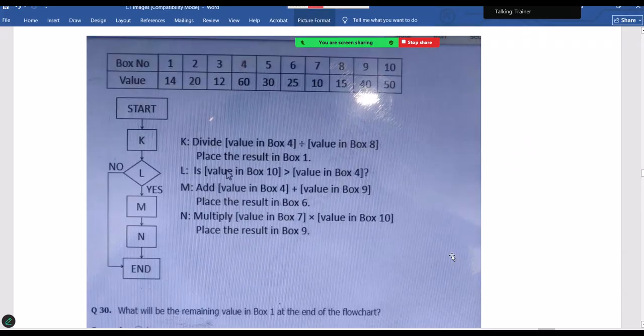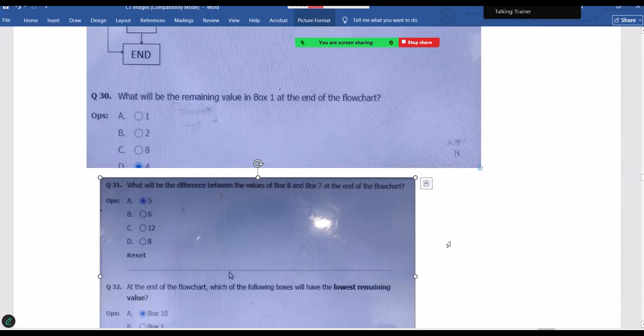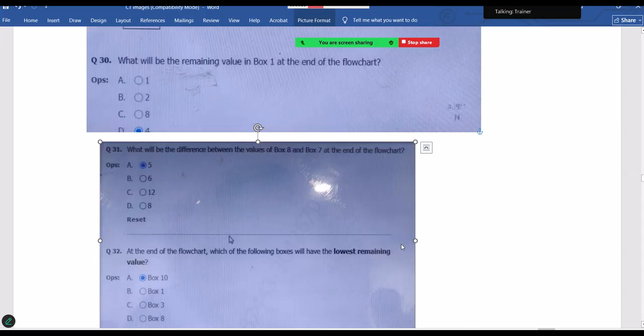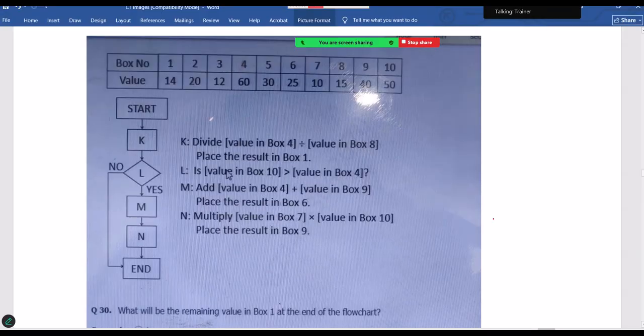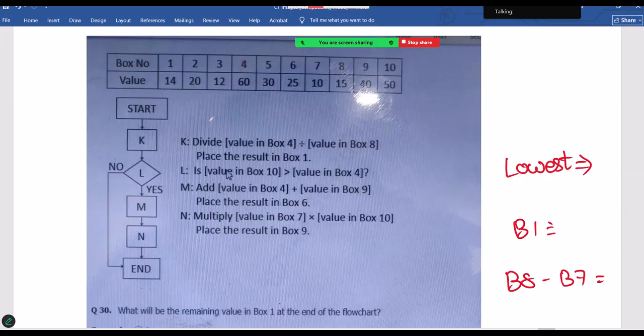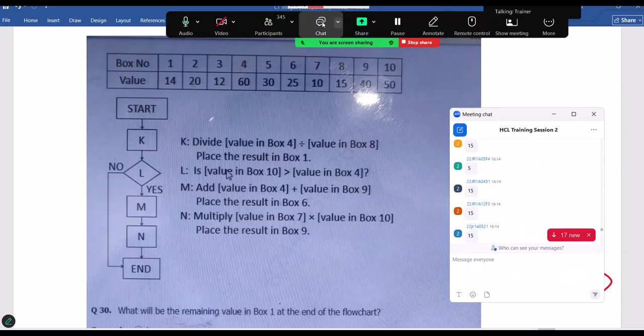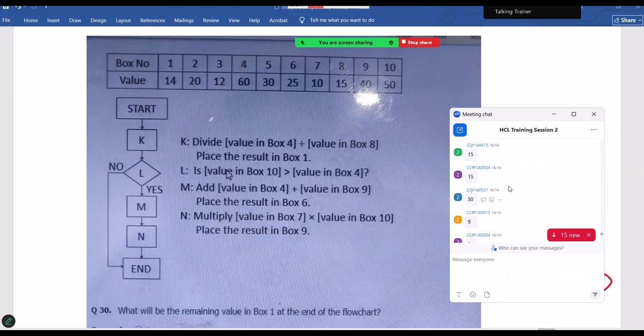Let's see this first. What have they given? Box 1 at the end of the flowchart. The other question is box 8 and box 7 difference, and lowest value. These are the three questions. After this, certain image based questions also we are going to discuss.